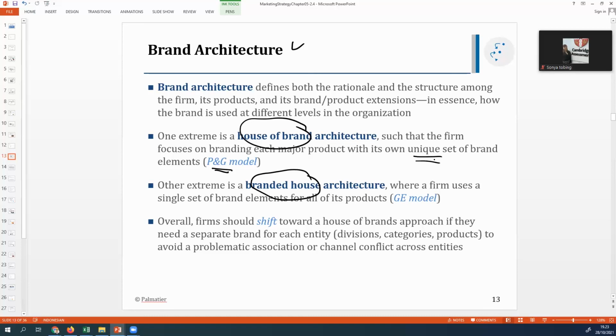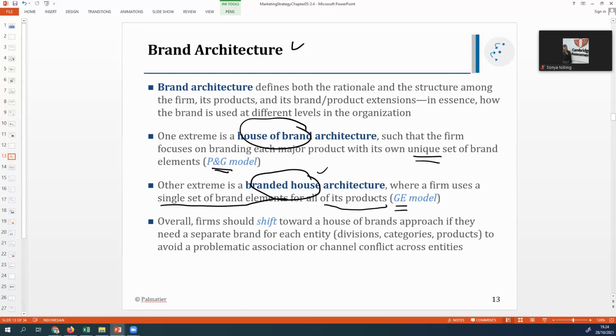The other type is the branded house architecture, the GE model. So the air conditioner by GE, yeah, the aeroplane machine by GE, the iron by GE. So they are focused on the branded house architecture, where the firm uses a single set of brand elements for all of its products.